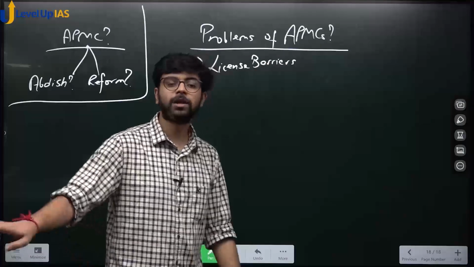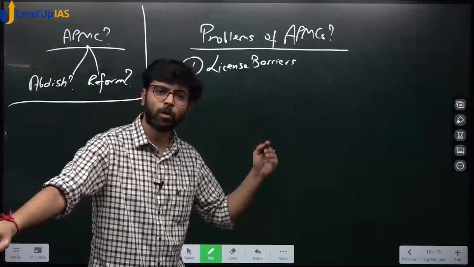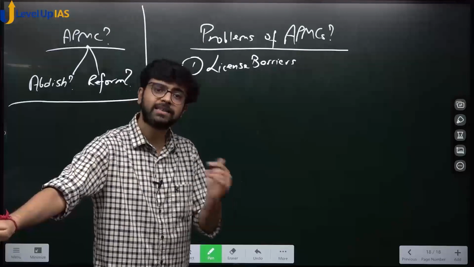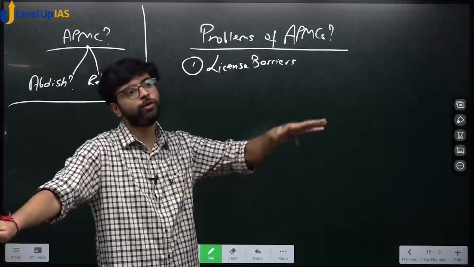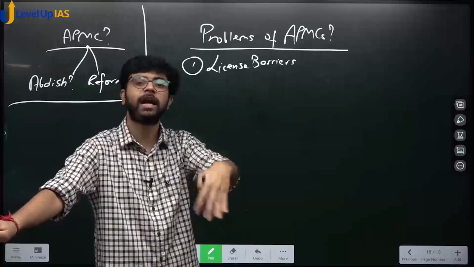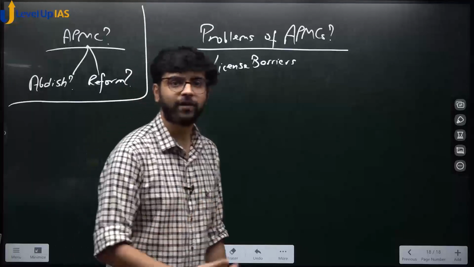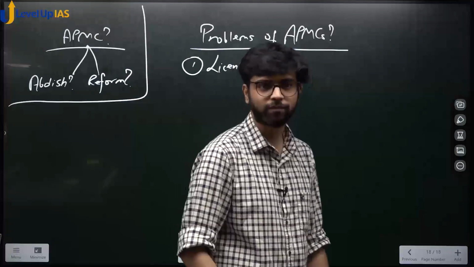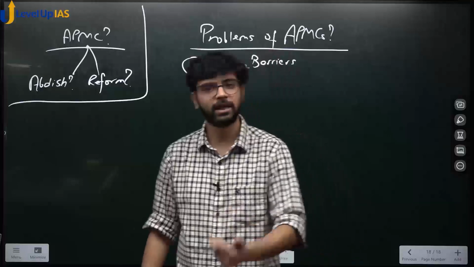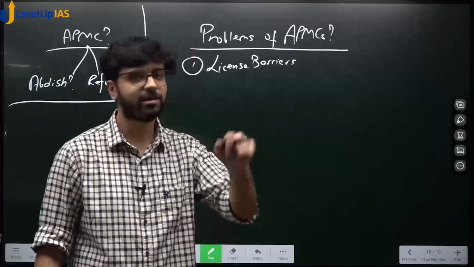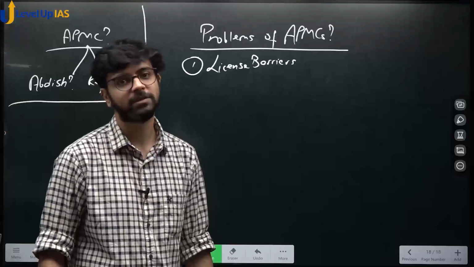Do you remember I told you in the APMC there are many people, quality checkers, assayers, surveyors, all. To get a license, it was very difficult and they had to bribe the officials. So you are a very qualified quality checker of food. You have some basic medical education also, and you have to pay a bribe to the government to get a license to act as a quality checker for APMCs. Not good.